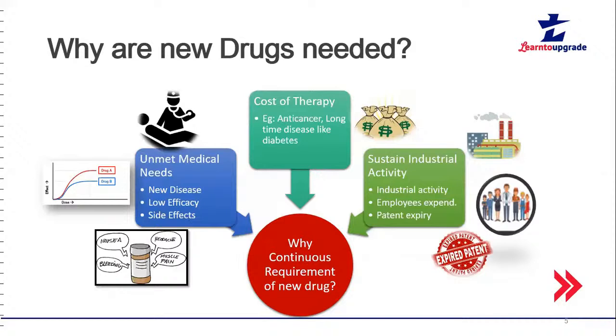For them to survive, they need to come up with new patents as soon as possible, because only from them can they earn a good amount of profit, so that they can sustain their industrial activity, pay their employees, and keep the industry running. Because of this, they need to keep on researching and taking new products into the market.